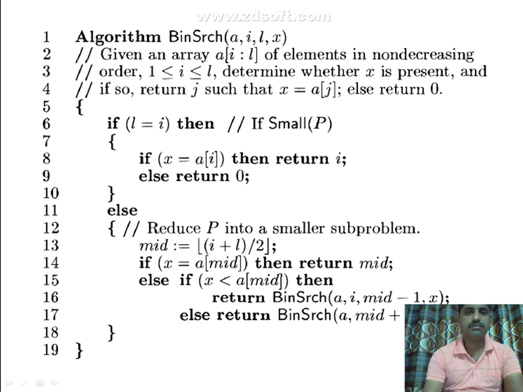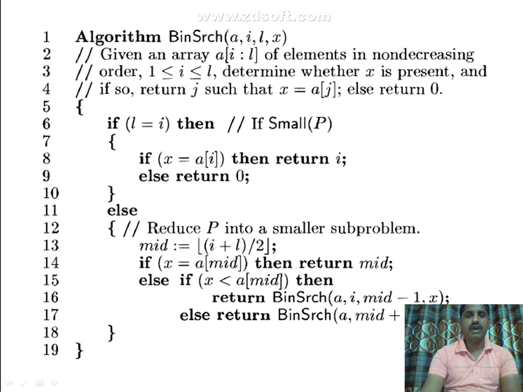See, this is the algorithm BinarySearch(a, i, l, x). Given an array a[i] of elements in non-decreasing order, with 1 less than or equal to i less than or equal to l, determine whether x is present, and if so, return j such that x equals a[j], else return 0. So how can we calculate?